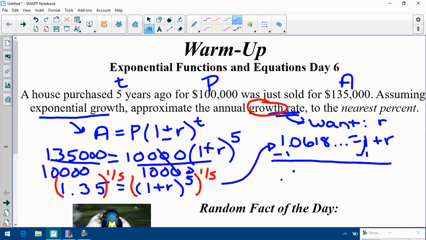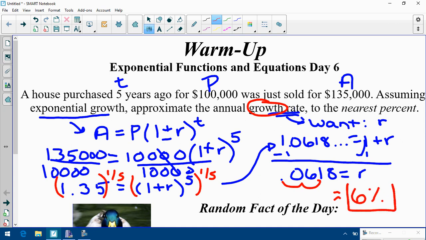And we've got 0.0618 equals R. If I want it to the nearest percent, what would I need to do? Move that decimal place 2 to the right. It would be 6.1%, so that would be about 6%. It's similar to what we did yesterday, a little bit different because of the variable I was solving for, but that's how you would do it algebraically. And again, if you did y1, y2, calc intersect and also got the same answer, just as good.